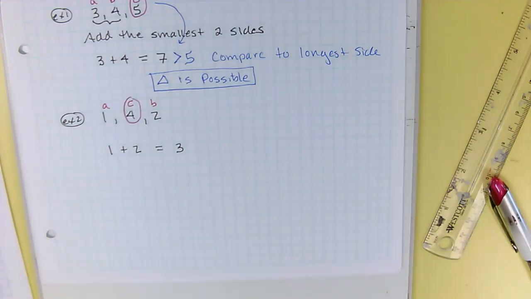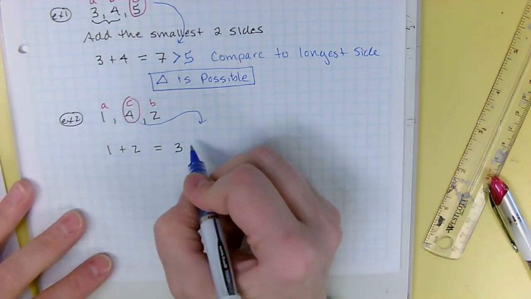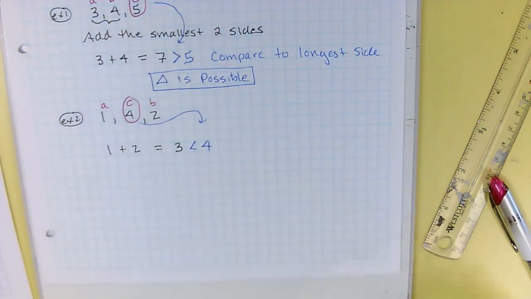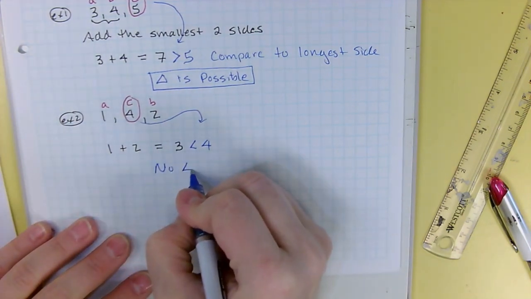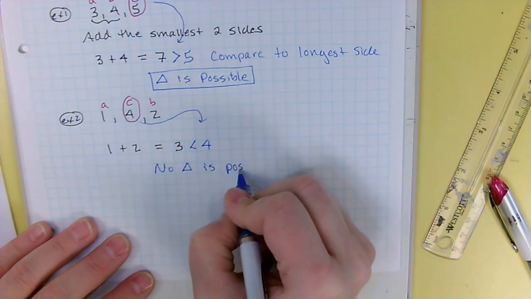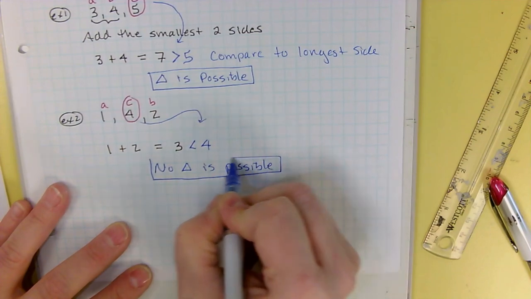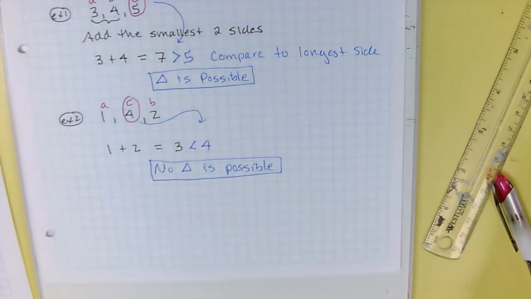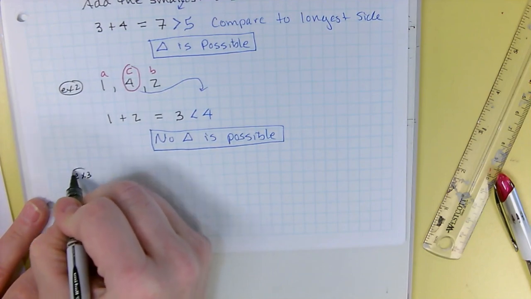And then now I'm going to compare that to the longest side, which was 4. Well, 3 is less than 4, which means A and B are too short to meet up and make the triangle. So in this case, no triangle is possible. Okay, one more of these and then we're going to move on.